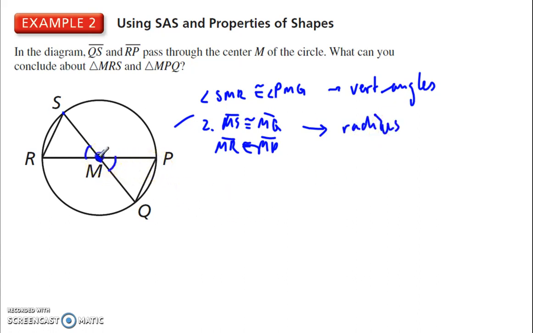In a circle, every point on the circle is the same distance away from the center. So they're the radius. So we can conclude that triangle MRS is congruent because we know that these are equal and these are equal. They are congruent to MPQ because side angle side.